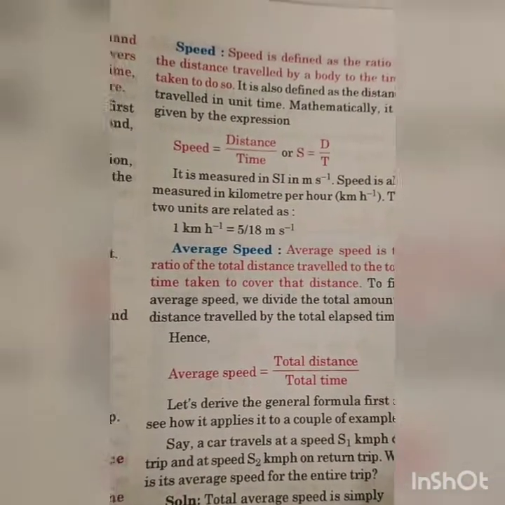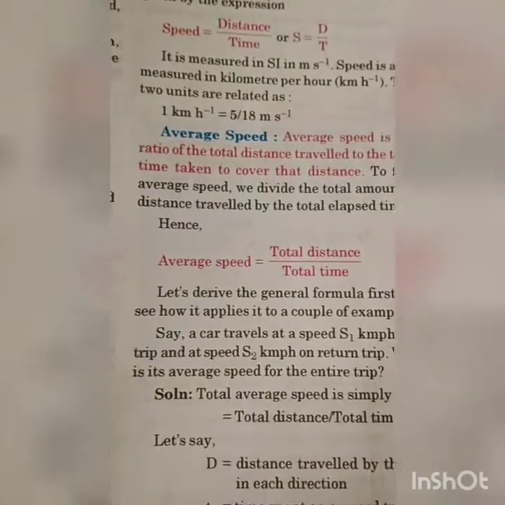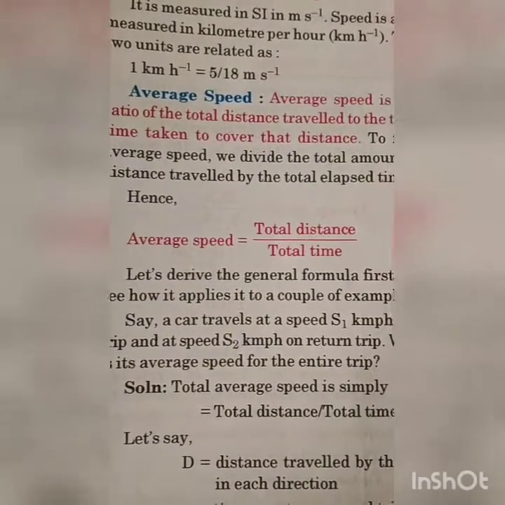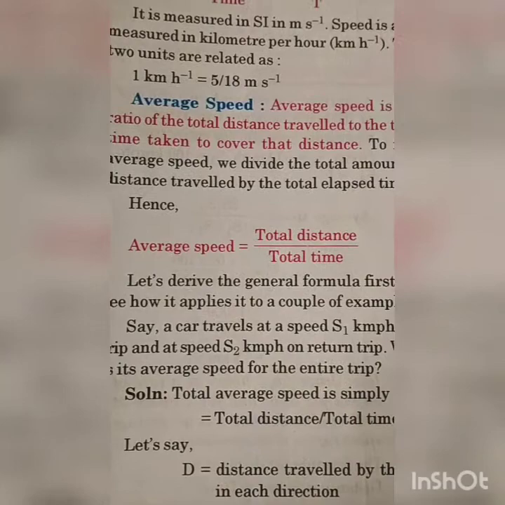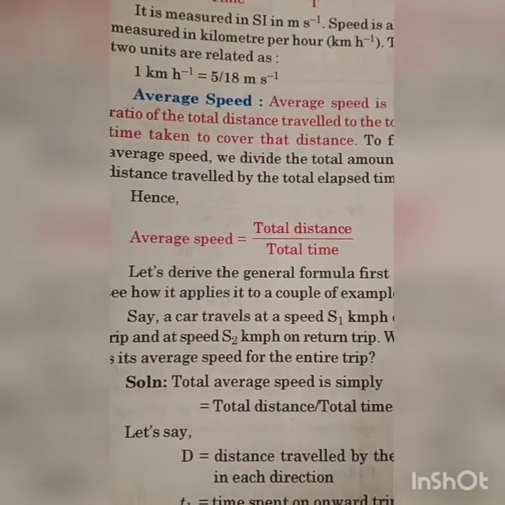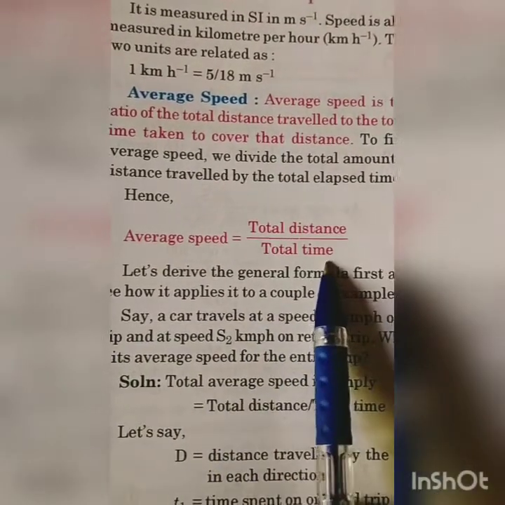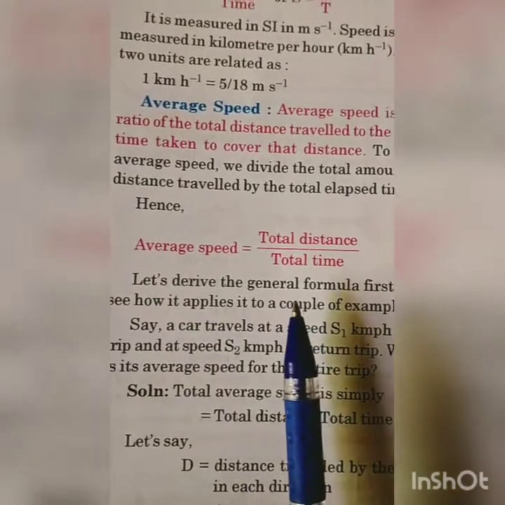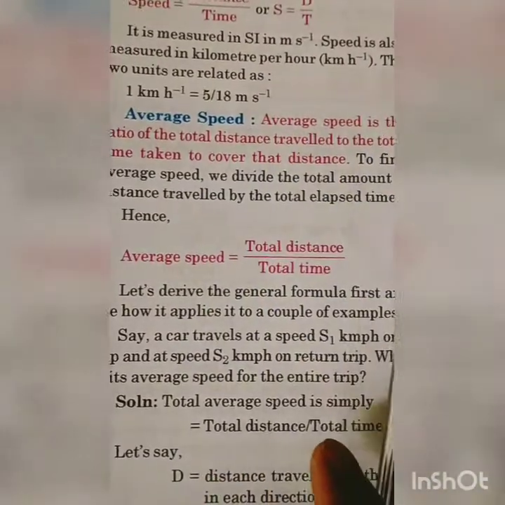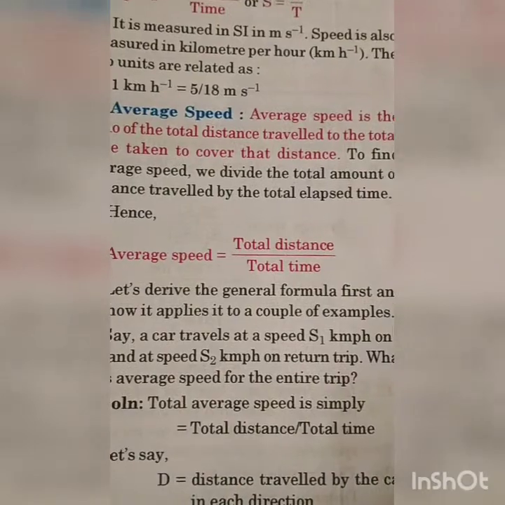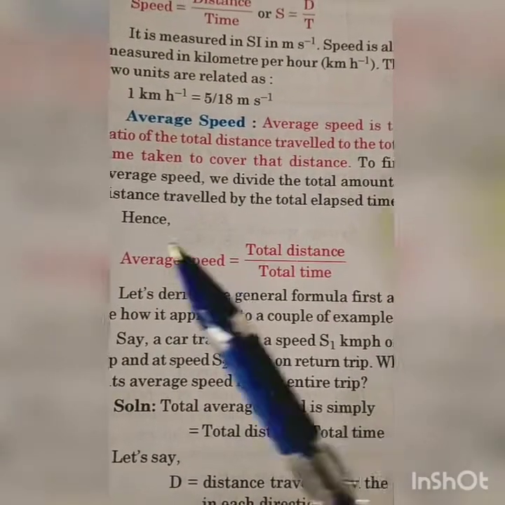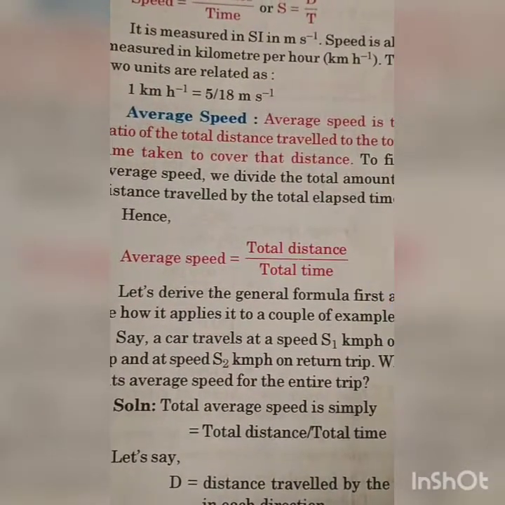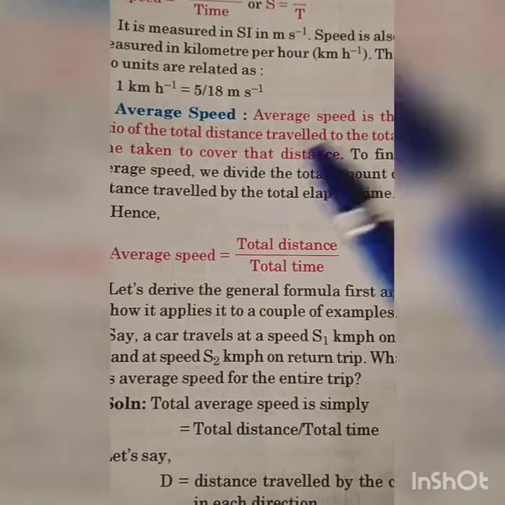Now what is average speed? Average speed is the total distance upon total time. This is the formula. That means we have to add up all the distances covered by a body and all the time taken by the body at different intervals.